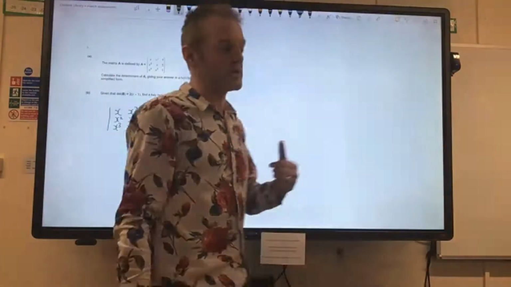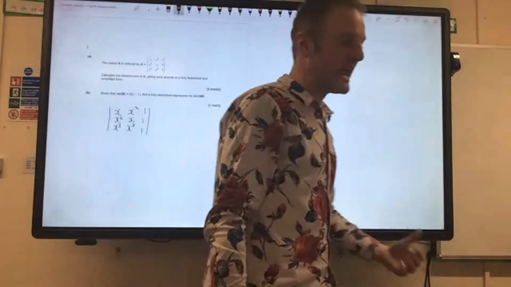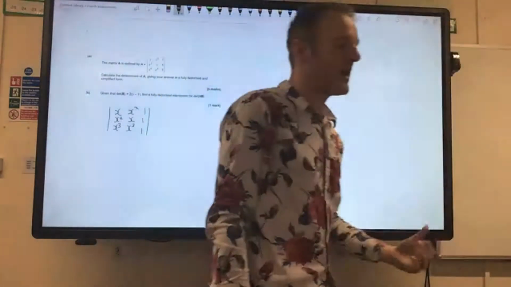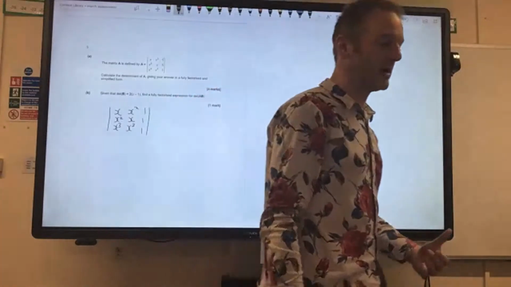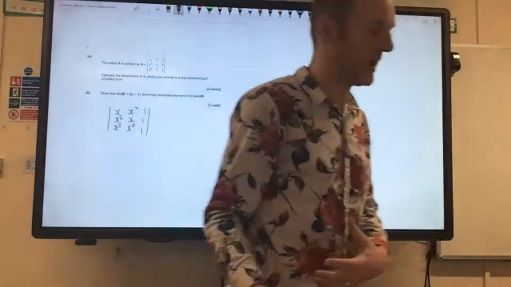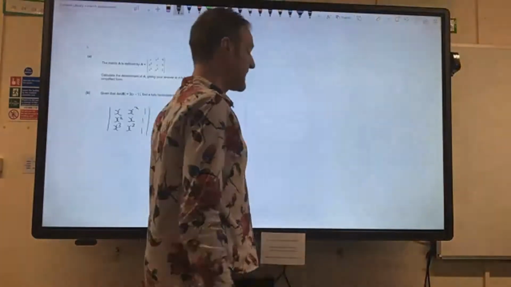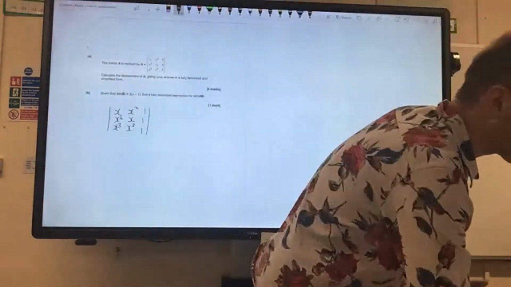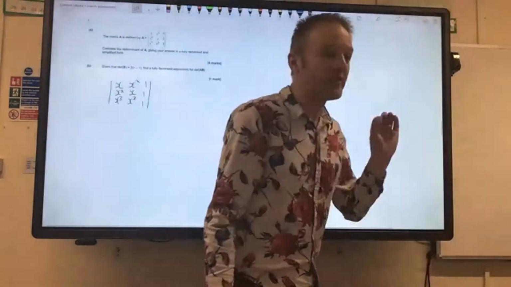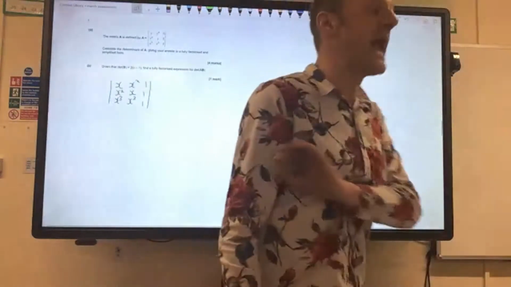This was not an exam question, it was an AQA topic test question. In an exam question, it could have said, you must not expand the determinant and put some restrictions on it. So if you did it the clumsy, rubbish way but got it right, you get all the marks. If you did it the clumsy, rubbish way and made even a single slip, you don't get any marks at all.